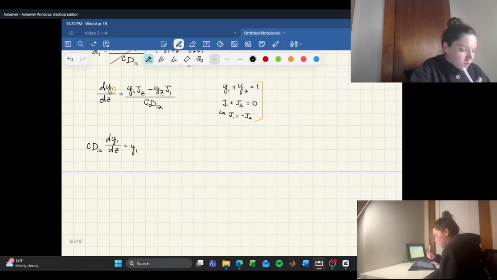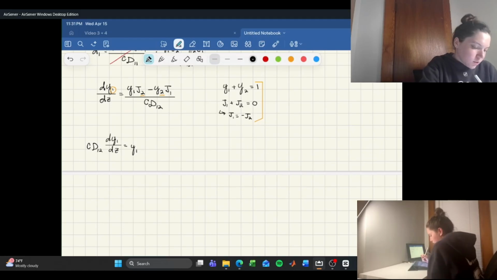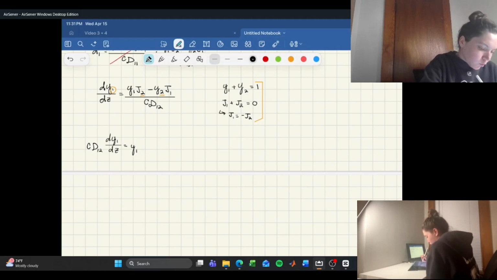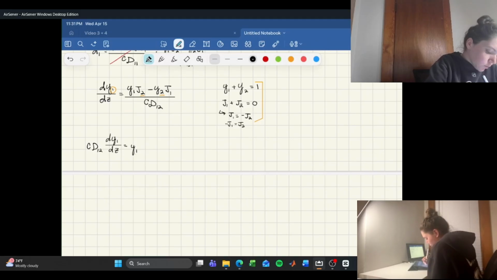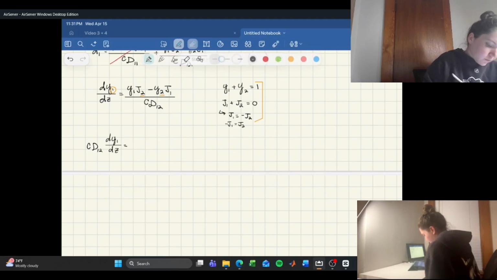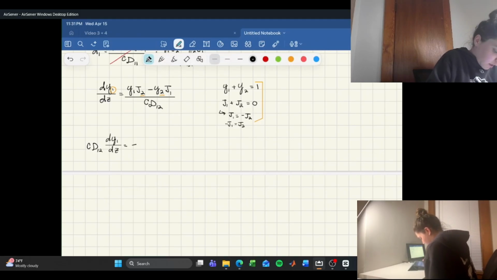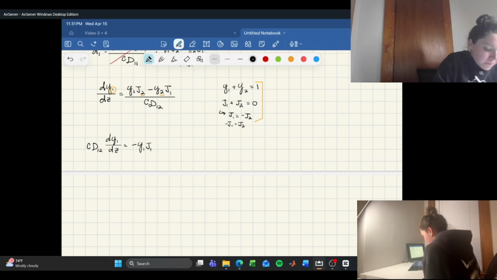We have that the diffusive flux of 2 is going to be equal to negative the molar flux of 1, so there's a negative out front just to make things easier. Okay, great.